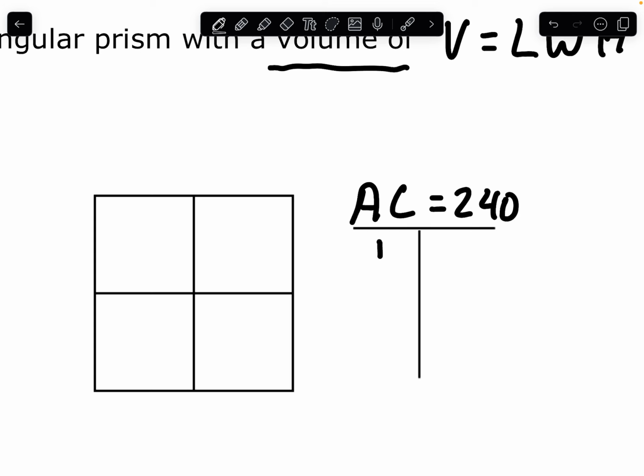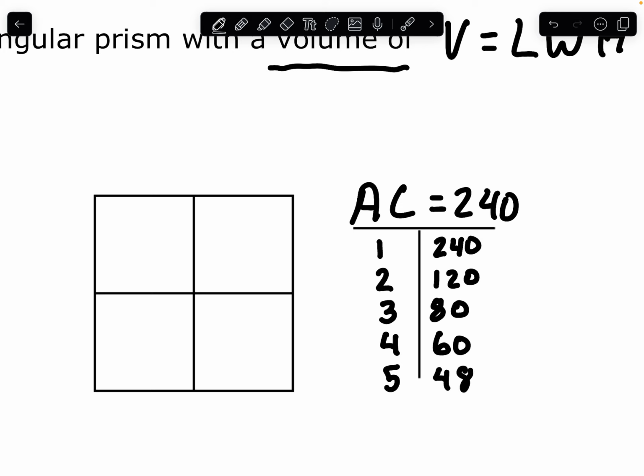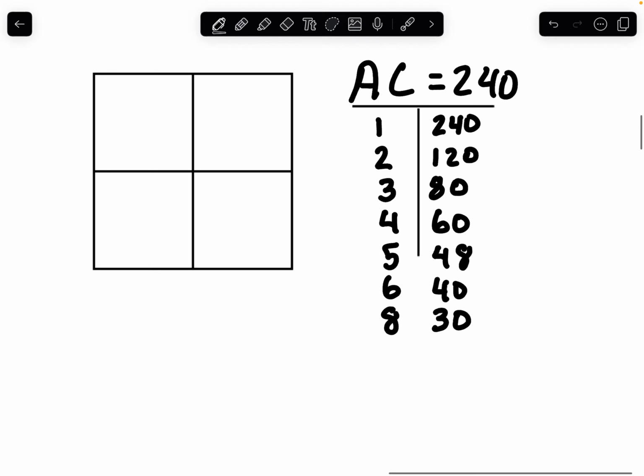And so factors of 240: 1 and 240, 2 and 120, 3 and 80, 4 and 60, 5 and 48, 6 and 40, 8 and 30, 10 and 24.